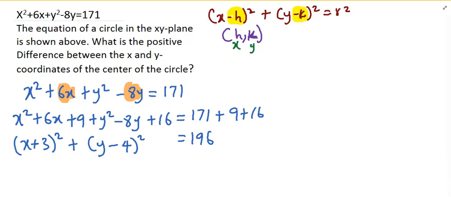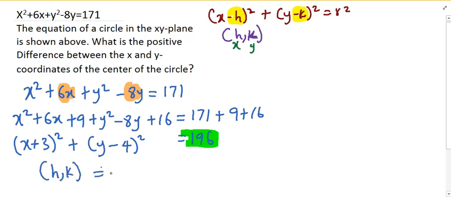So let's continue. The radius here is not really our concern, so you don't need to work on the radius. It's not your problem. Let's focus on what the question is actually demanding: the positive difference between the x and y coordinates of the center of the circle. What would the center of the circle become? It will become h comma k, right?